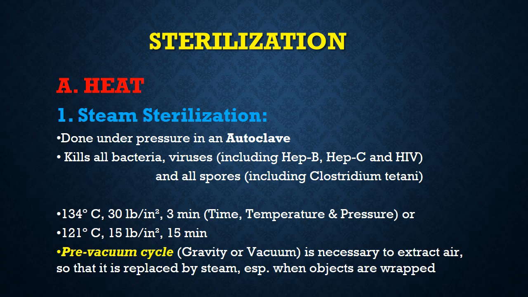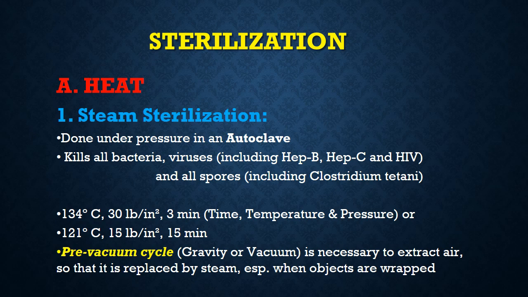However, generally the protocol that is used is 121 degrees centigrade, 15 pounds per square inch pressure for 15 minutes. There is a pre-vacuum cycle, which may be gravity activated or suction vacuum pump initiated.